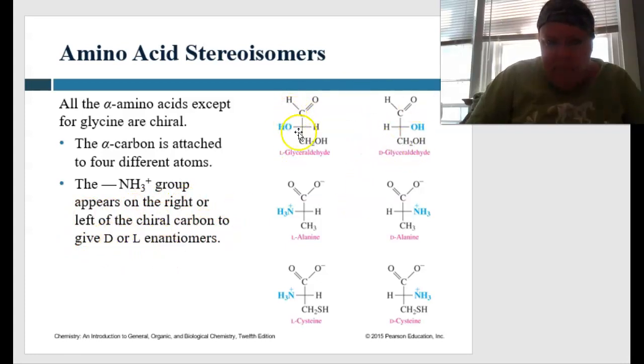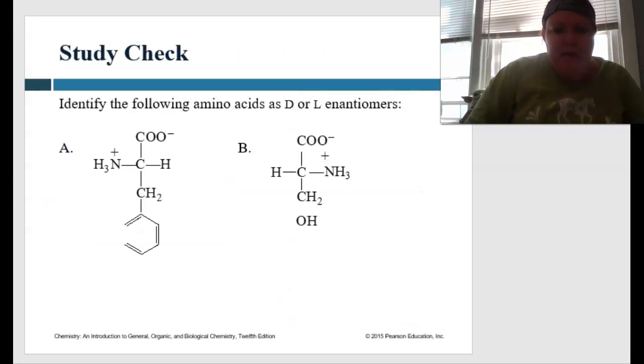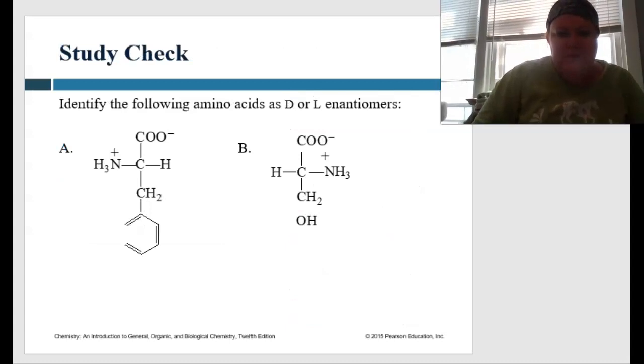Just remember this one's on the left, this one's on the right. The way I remember L versus D is left is L, and then D would be the right. Wherever you place it, it will affect the naming of it.